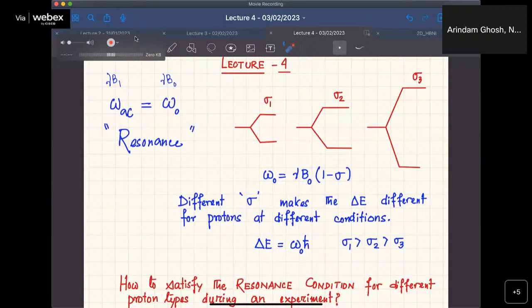This resonance frequency cannot be satisfied simultaneously for three different omega 0, and not only three, but in a molecule which is very complex, you might be having 100 different types of protons, like different peaks, which ultimately will be coming as different peaks. Now the question is how can we make this particular resonance condition satisfied for different types of protons which have different chemical shifts? So this is one big problem.